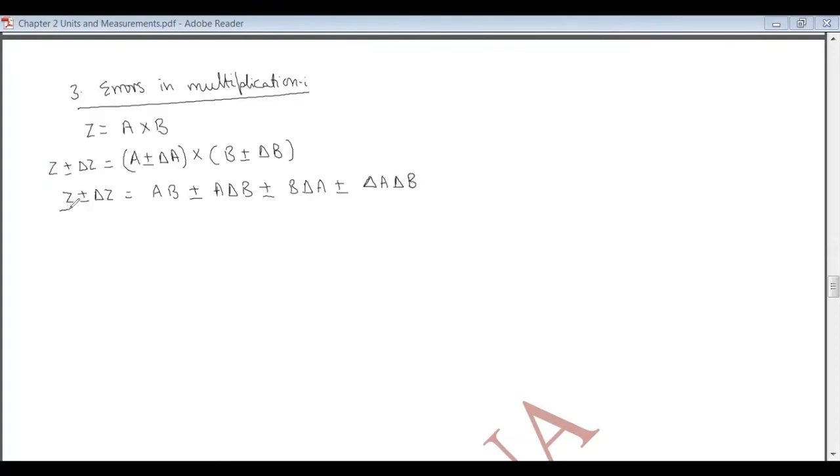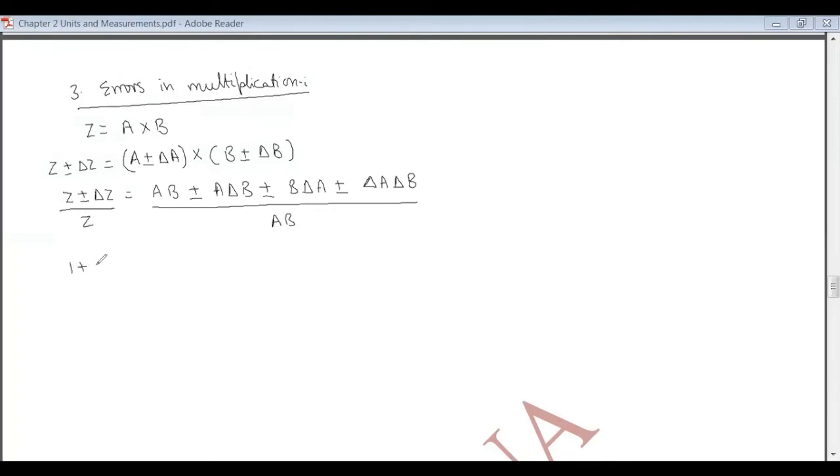Okay, now let us divide the left hand side by z and the right hand side by ab. Why? Because we know that z is equal to ab. So let's divide the left hand side by z and the right hand side by ab. So what do we get?